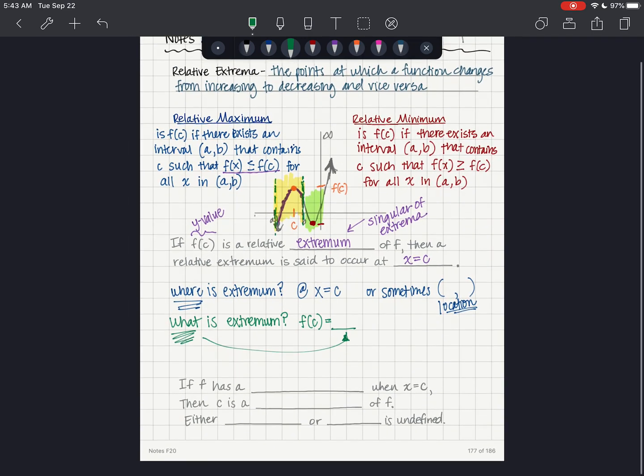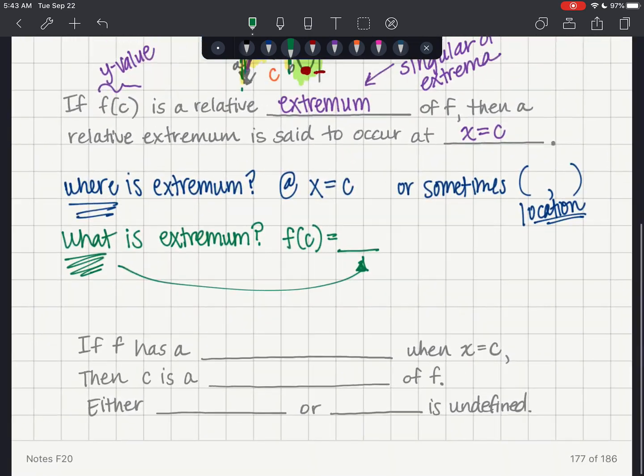Okay. And I think, let me just draw one more picture for you. I'm just going to sketch it. Just want to be real clear. This is a relative maximum.